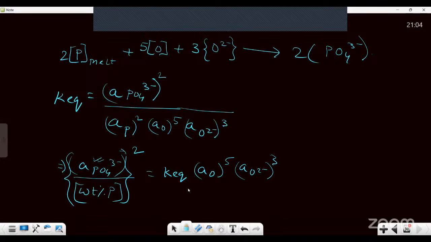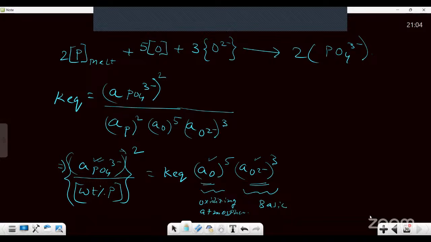And from here I can say that the partition ratio is going to be higher if the atmosphere is basic and if it is oxidizing, because this is to the power 5 and this is to the power 3. This term is telling you that it is basic, and this is basically the oxidizing ions. So this we have concluded.